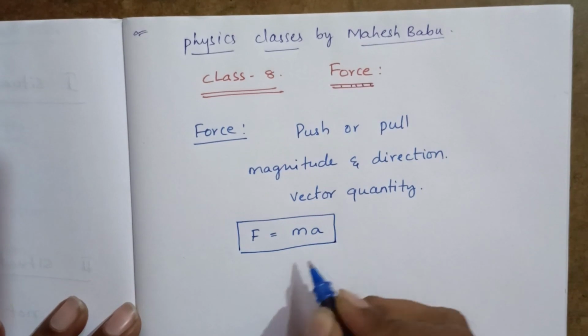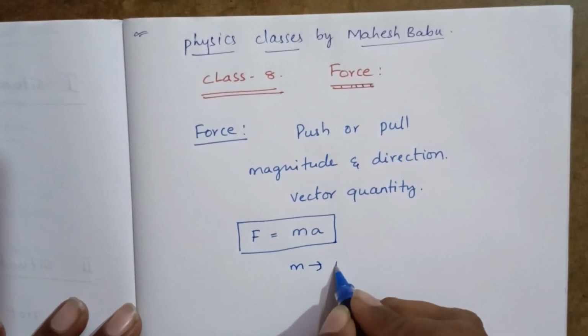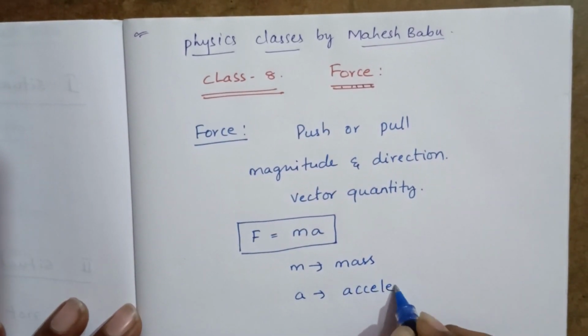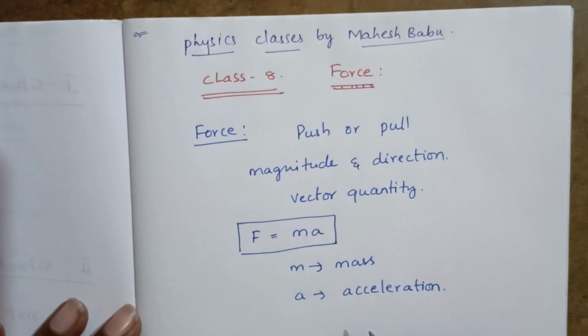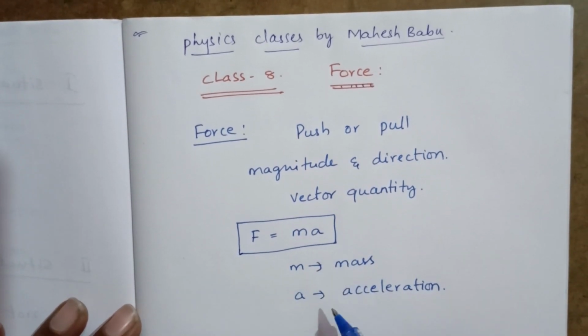F means force, M means mass, A means acceleration. In coming topics we will discuss how this formula comes.